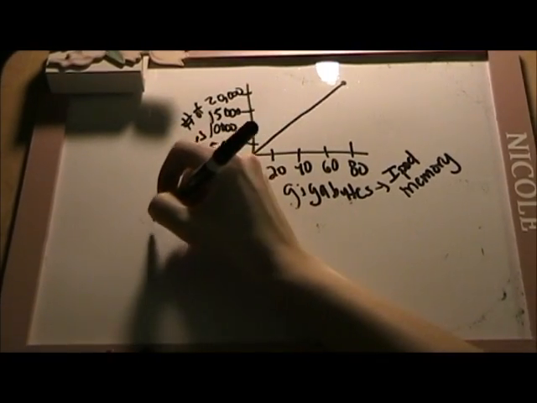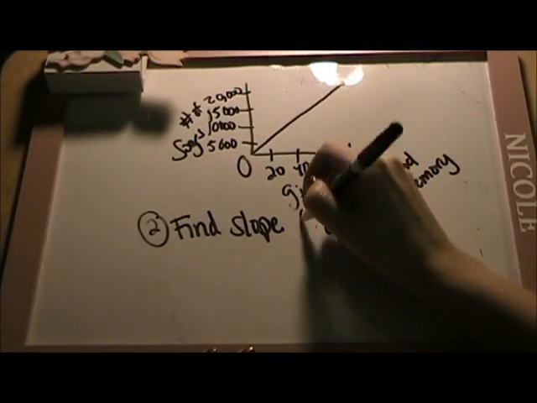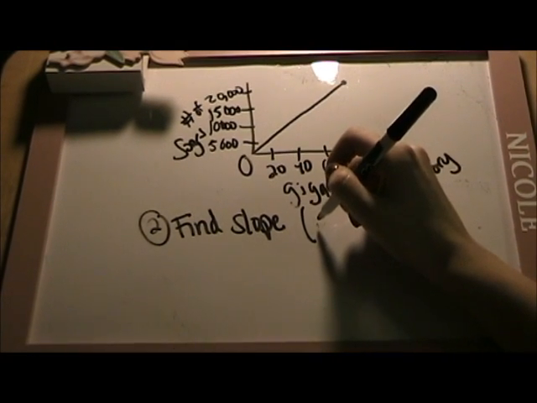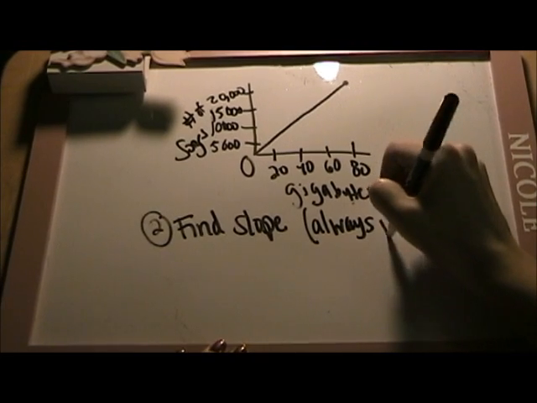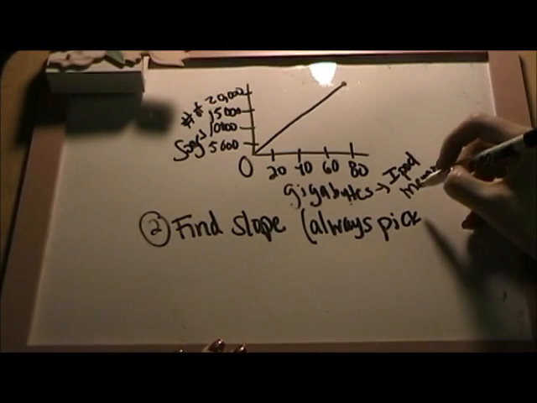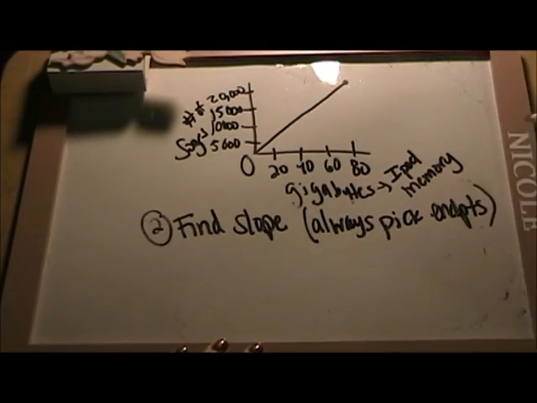Then if I ask you to find the slope, the easiest way, I always do it to be consistent, especially when we get to nonlinear, always pick the endpoints. Always pick the endpoints.